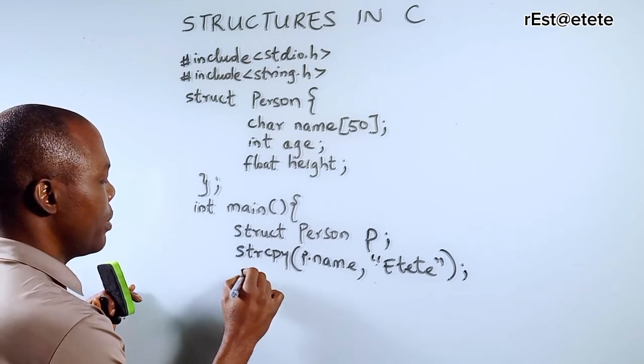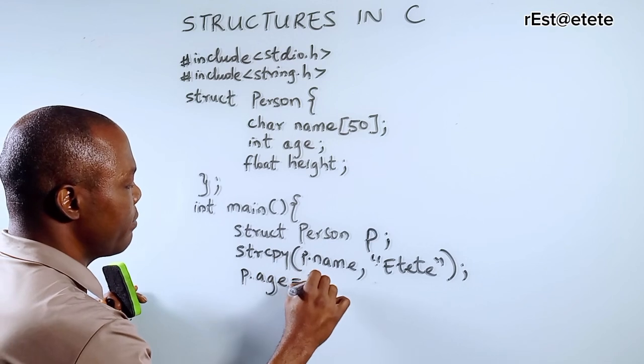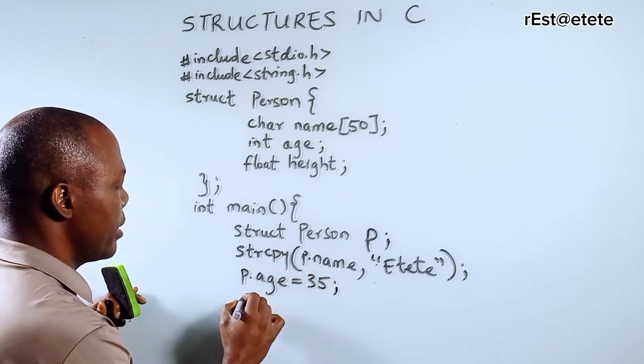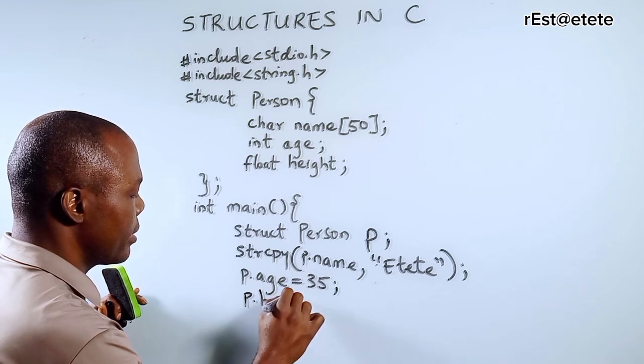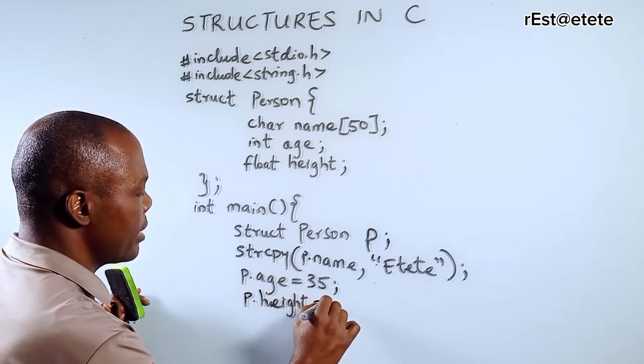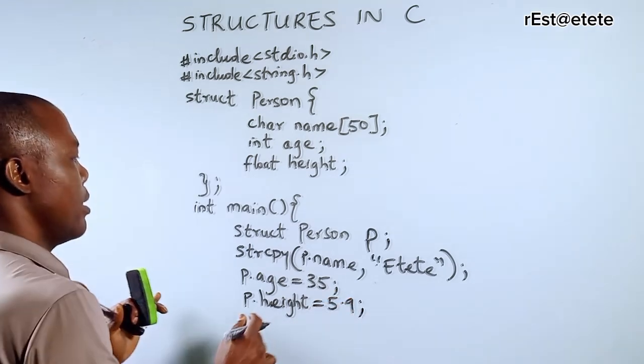Then P dot age, assign 35 to it. Then P dot height, assign 5.9 to it, right?